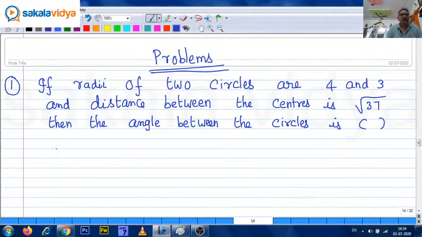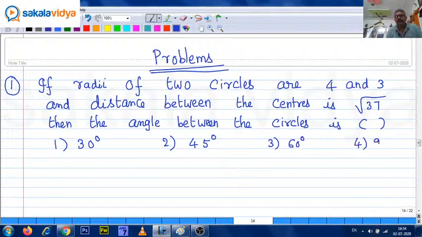First option is 30 degrees, second option is 45, third option is 60, fourth option is 90. Radii of two circles are 4 and 3.